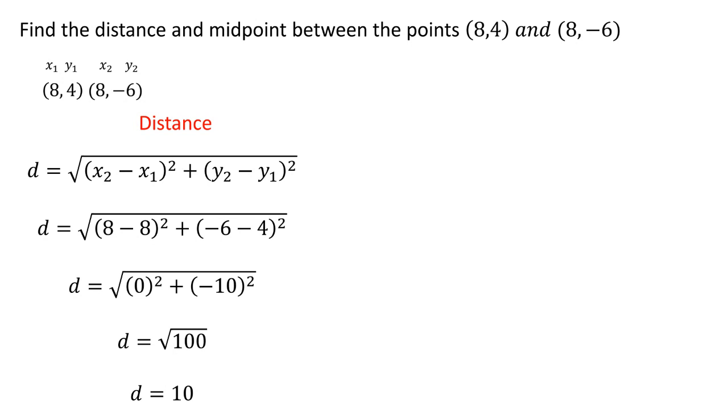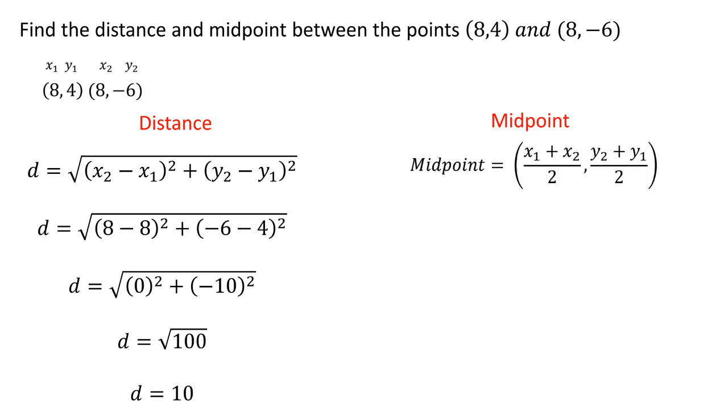Let's go ahead and do the midpoint. The midpoint formula is you pick a point 1 and 2, and for the x value, you add the x components, x1 plus x2, divided by 2, and then you get the y components, y1 plus y2, divided by 2. Let's substitute our values.